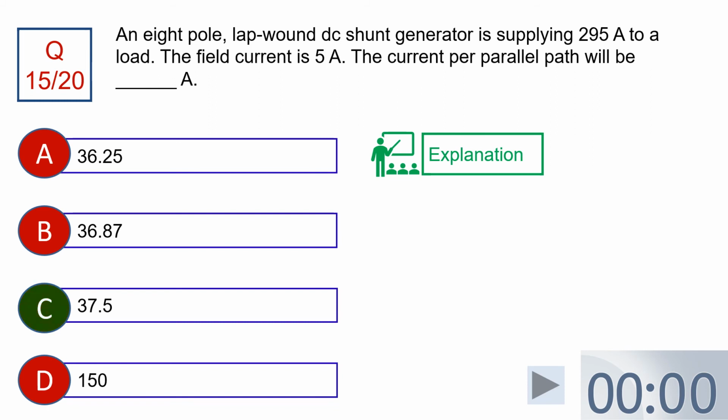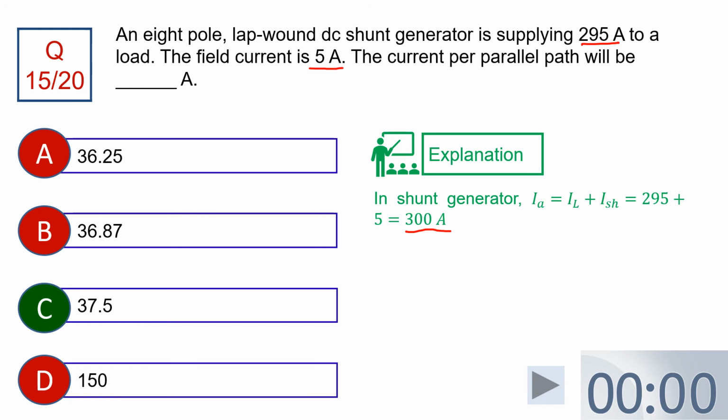Correct answer is option C. Now in this case the load current is given as 295 ampere and field current is given as 5 ampere, and therefore armature current Ia is 295 plus 5, that is 300 ampere.